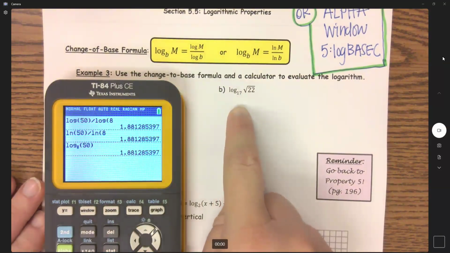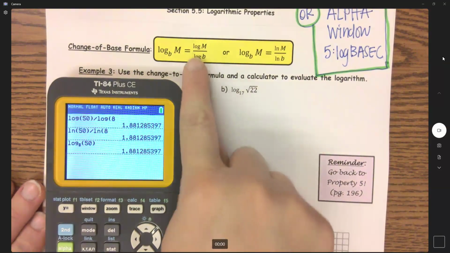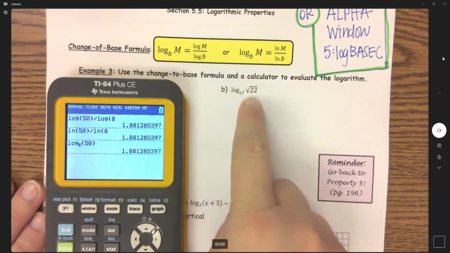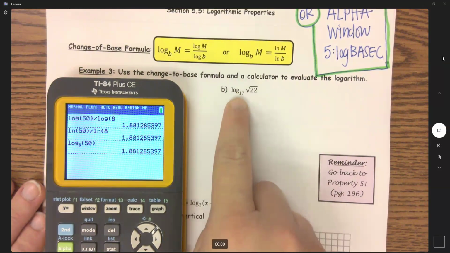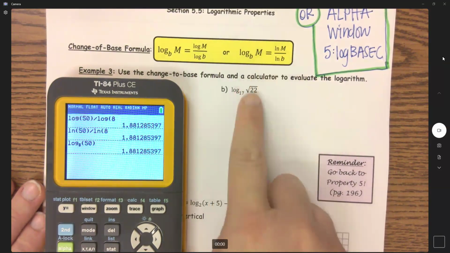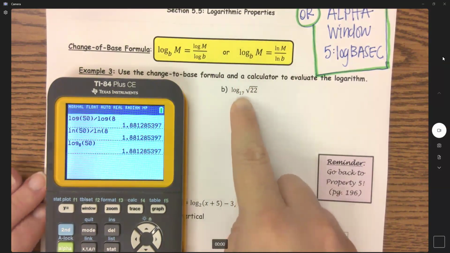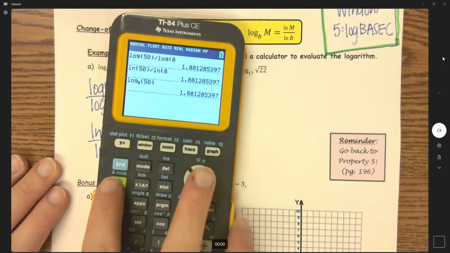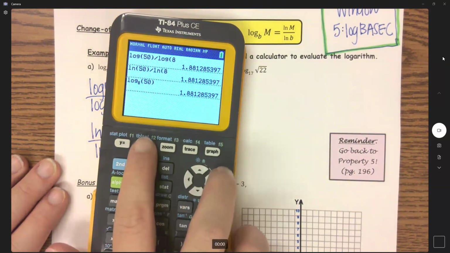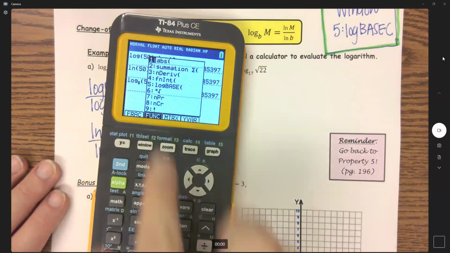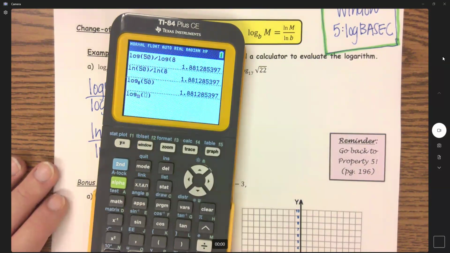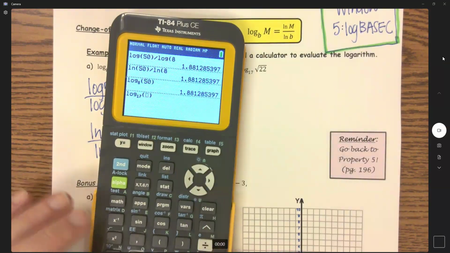So evaluate this one. You can use log of square root 22 over log of 17, or natural log of square root 22 over natural log of 17, or just go window or alpha window, number 5, and put it in exactly the way it looks.